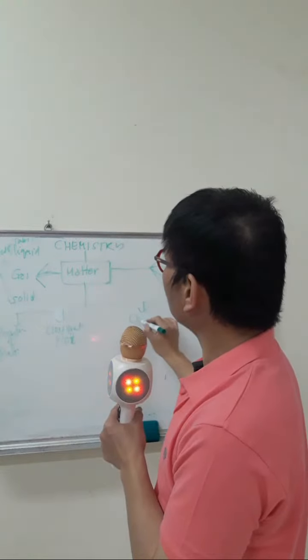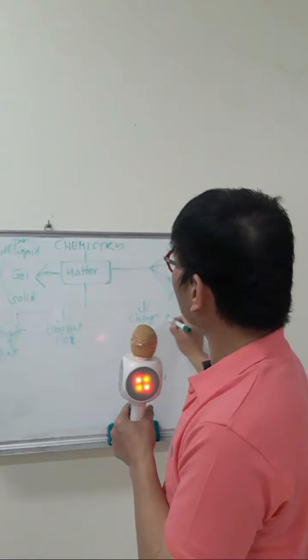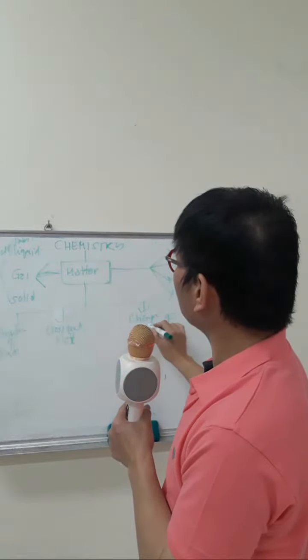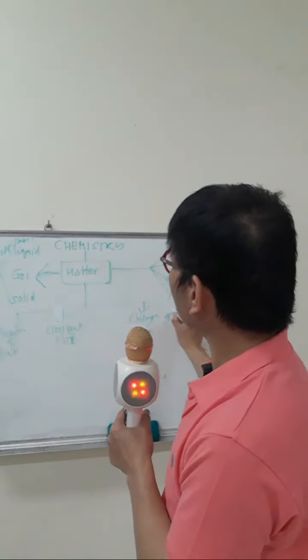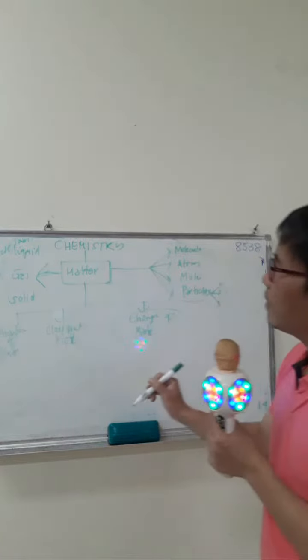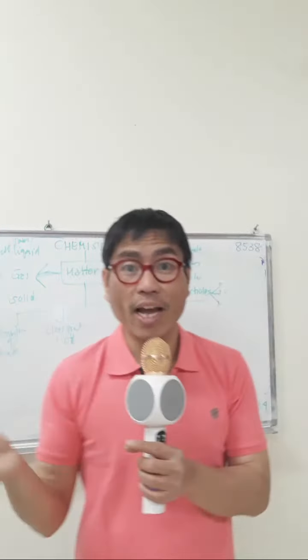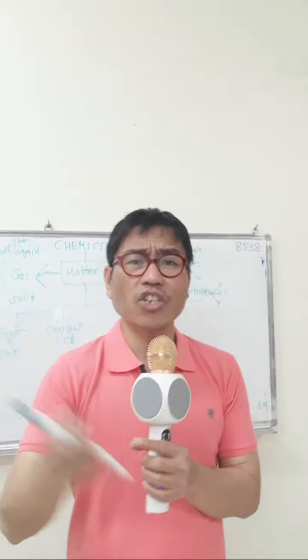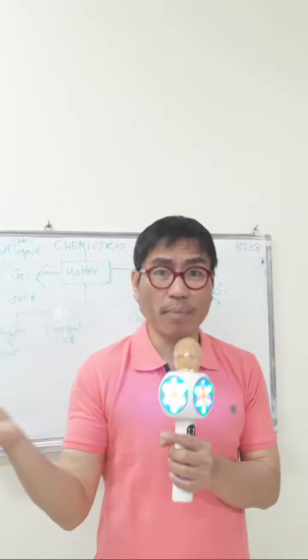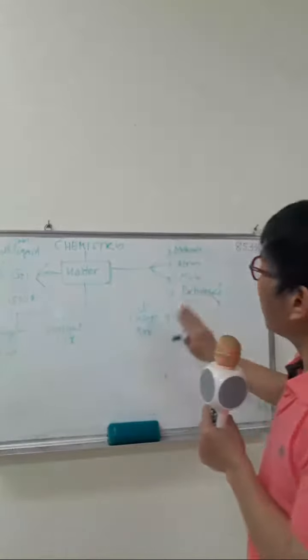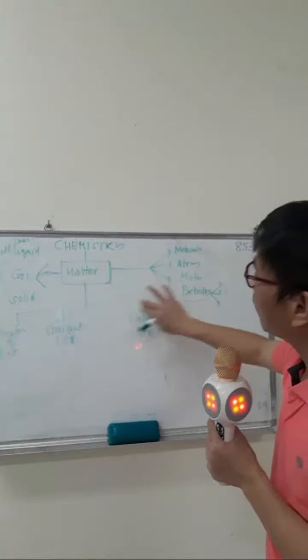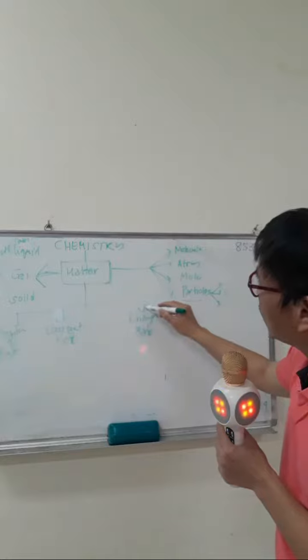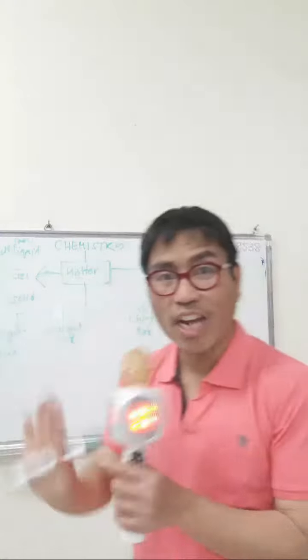We need to emphasize the changes of matter because in here we have chemical reactions, balancing the chemical equation. There are a lot of physical changes and chemical changes in a chemical reaction. So the main focus will be here, the changes, if we study chemistry.